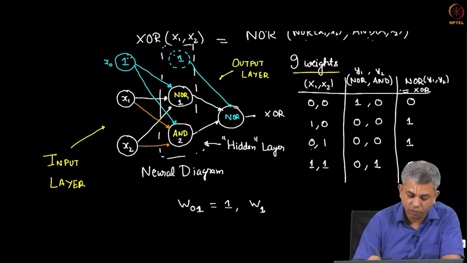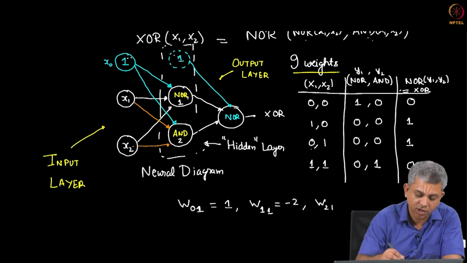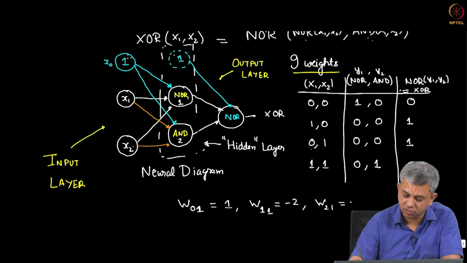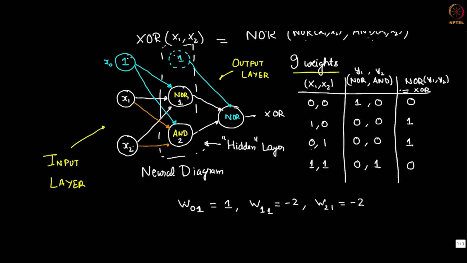Similarly, W11, which would be this weight, was minus 2. W21, which was from here to here, was also minus 2. These were the weights of the NOR gate. Similarly, we have these weights, which were the weights of the AND gate. This was from NOR.